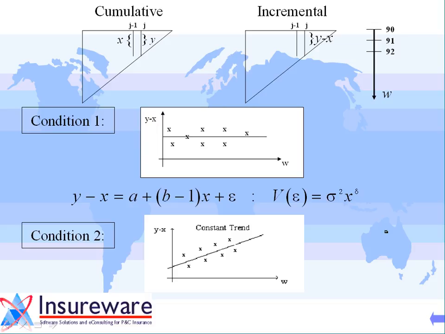Let's suppose you find out that for a particular development year, condition 1 is satisfied. Then also, when you graph the incrementals versus the previous cumulatives, you'll find out that the ratios have no predictive power, or the ratio minus 1 equals 0. Then you're much better off just calculating the average of every column of incrementals.